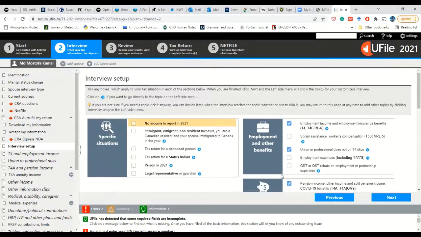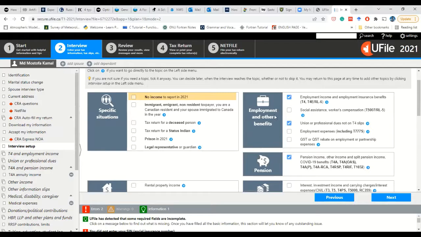So here now we will open, let's say for me, I have nothing here to compare in this section, but in the employment income section, as I showed you, in 2021 I had taxable income and non-taxable income. So I created two forms here, which is T4, for taxable income, and T4A.